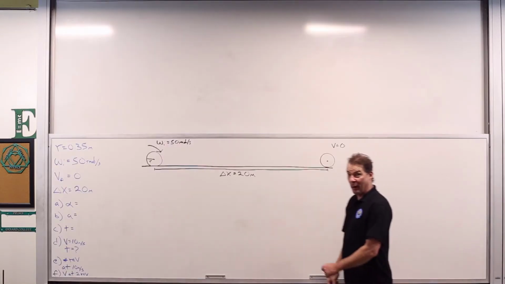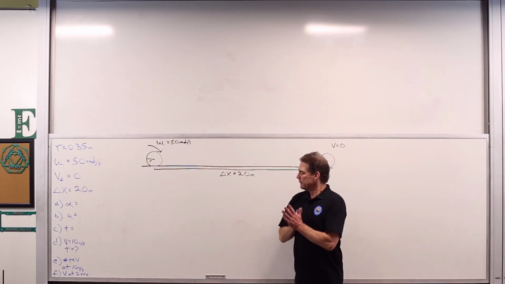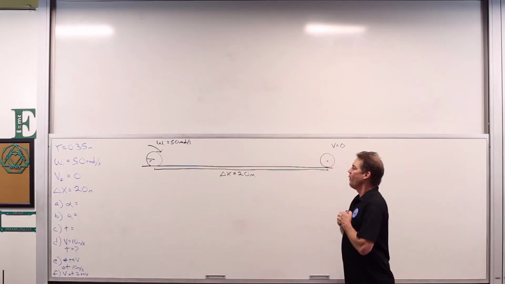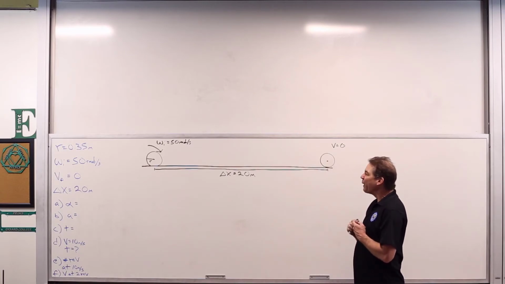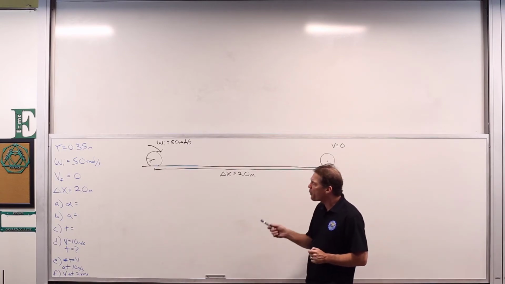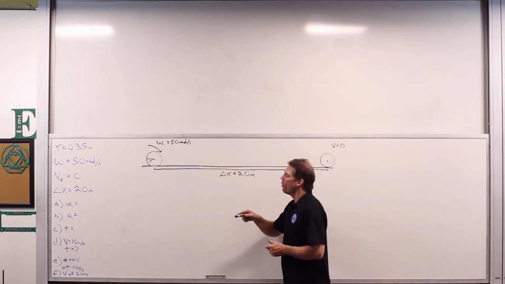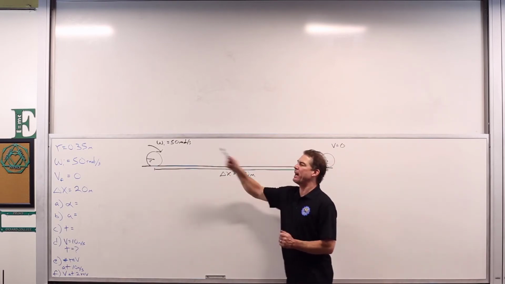All right, so here we go. Here's the problem. We've got ourselves a wheel that has a radius of 0.35 meters, and it is initially rotating at a rate of 50 radians per second.